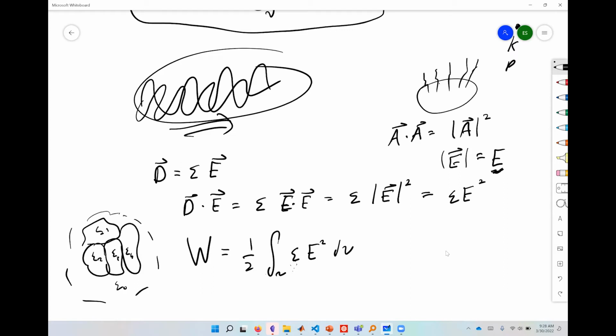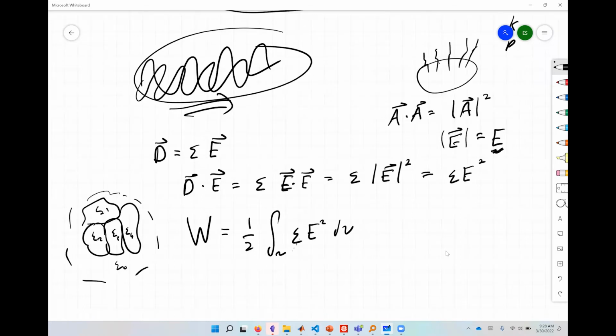This might be epsilon 0, vacuum. So the epsilon has to go inside the integral, just to remind yourself, because if you put it outside, you might think it's always outside. No, it's not always outside the integral. It is inside the integral unless it's constant, then you can take it outside.